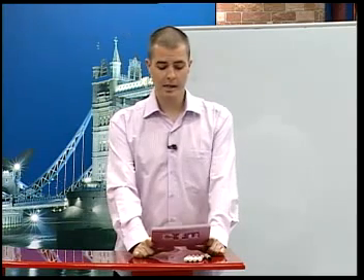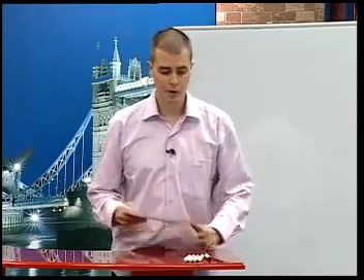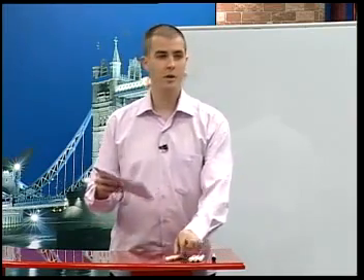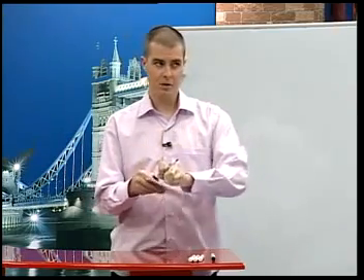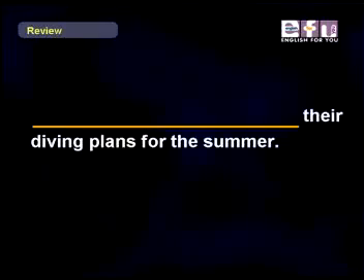Now let's do an exercise with inseparable phrasal verbs. Now, I'm going to give you the end of a sentence and I want you to begin it with an appropriate subject and phrasal verb. Lewis, you can go first. Their diving plans for the summer.